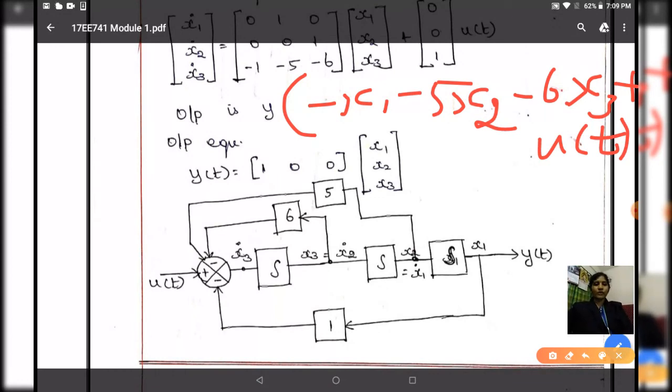So when you look at this, you will have 4 terms. One is u of t, which is positive, so I can represent it with a plus sign at the summing point, and it has x1, x2 and x3.